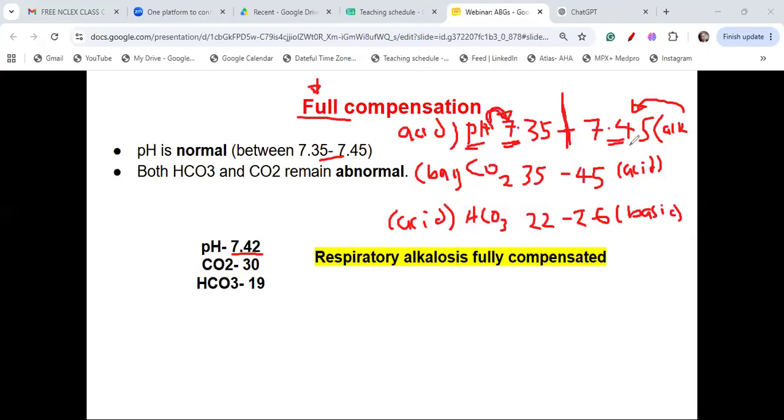If it's coming from the alkalotic side, it's coming from an abnormal value trying to get closer. So ours, which is 7.45, is closer to this, meaning that the problem was alkalotic. The problem was alkalotic. So we have alkalosis.